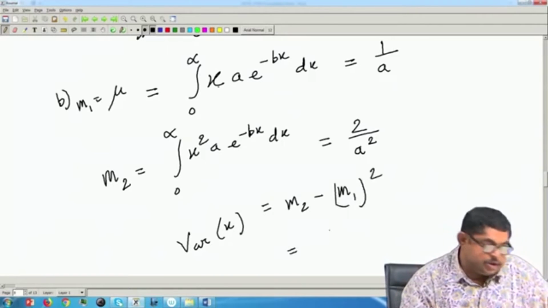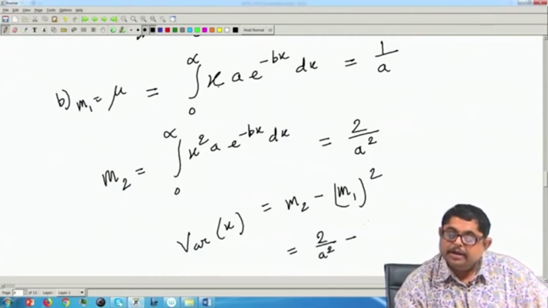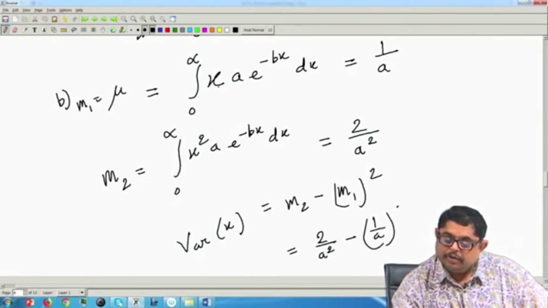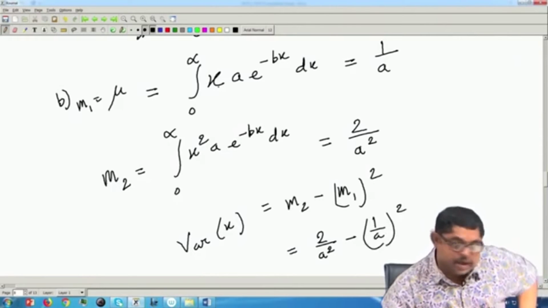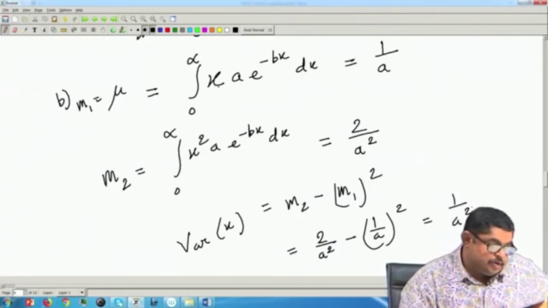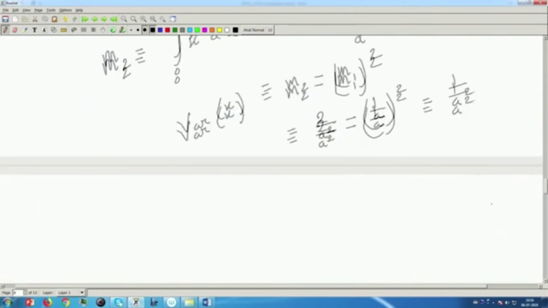So, this is 2 by a squared minus 1 by a whole squared, and that gives you 1 by a squared. So, this is the variance. Standard deviation is the square root of that, but that was not asked, so let us not discuss that.